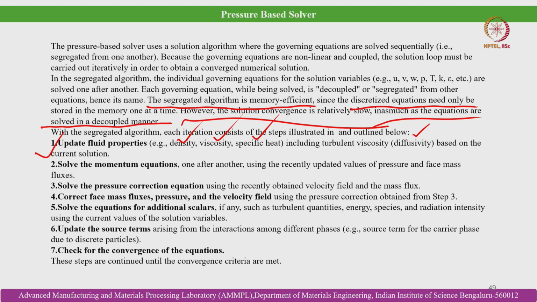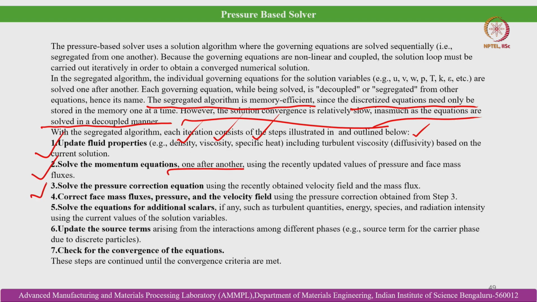One after the other means, like I have discussed earlier in the Eulerian multiphase flow model, we are solving the momentum equations for different phases like liquid and solid phases. In spite of solving them simultaneously, they get solved sequentially. Okay, one after the other.